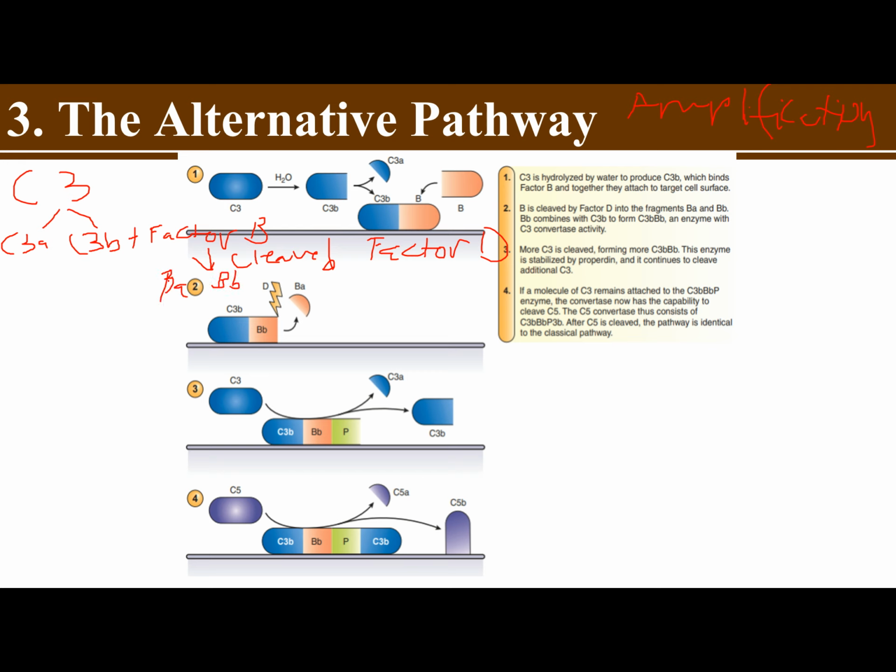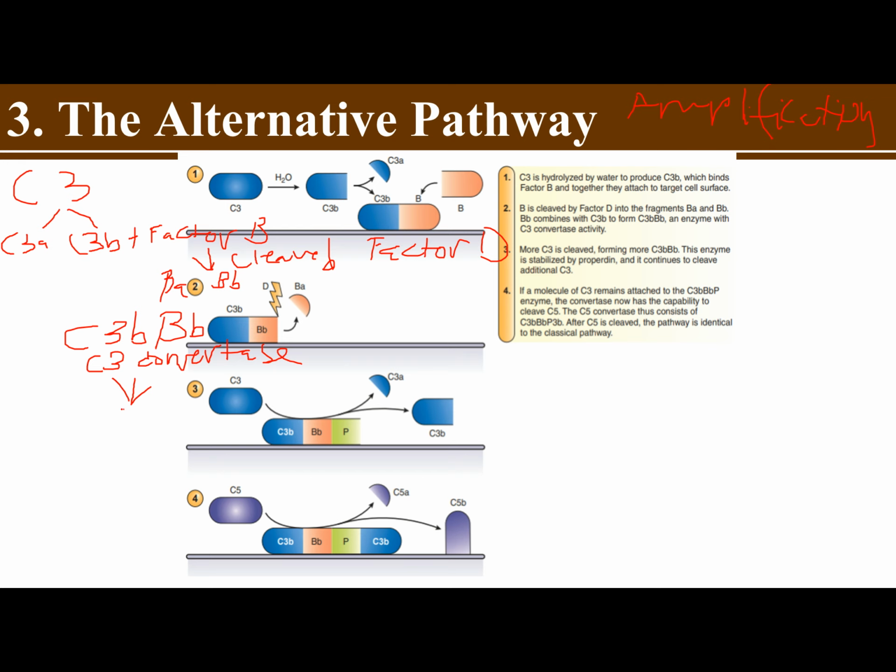Now, si BA, wala ulit tayong pakialam. Since originally, class, C3B was already attached to factor B, it would now form your C3B, BB. Now, C3B, BB is now known as your C3 convertase. Now again, since this is a C3 convertase, class, it would cleave more C3. So magkikleave na naman siya ng C3, class.